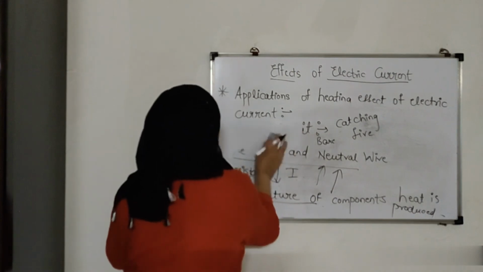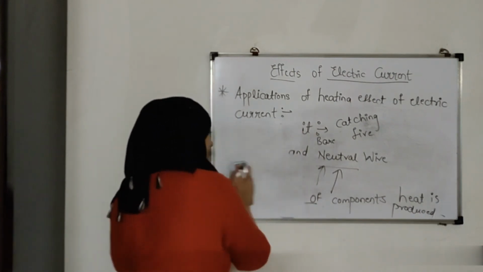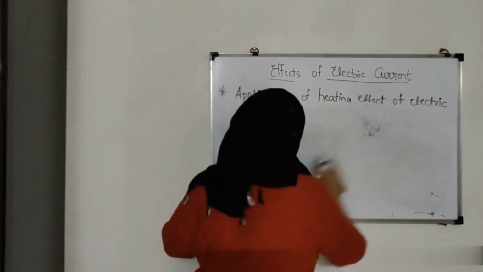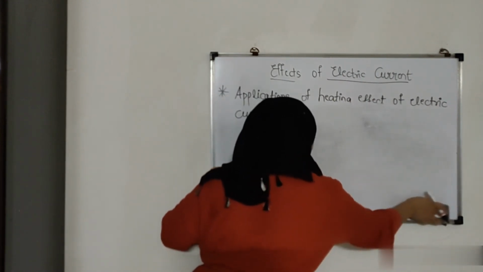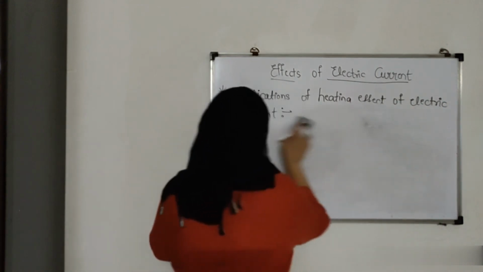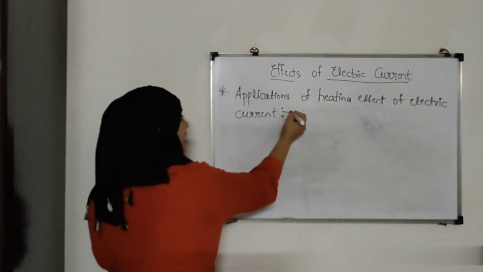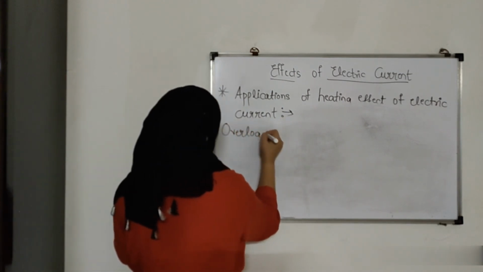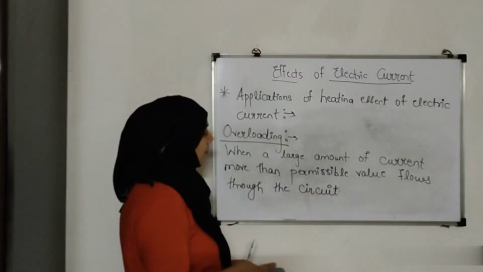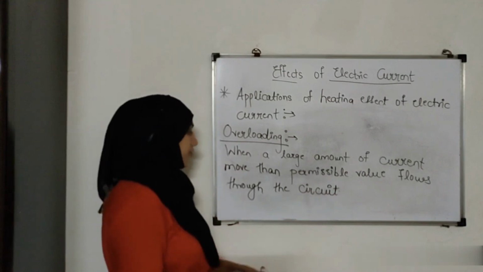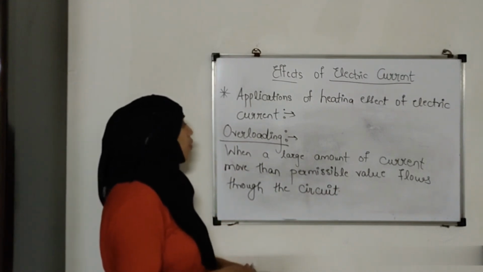Fine. Now see, the next we are going to see is overloading. What is called overloading? Anything which is more than the permissible capacity is overloading, right? So overloading is nothing but, as the word suggests, when a large amount of current, more than its permissible value, flows through the circuit, it is called overloading.